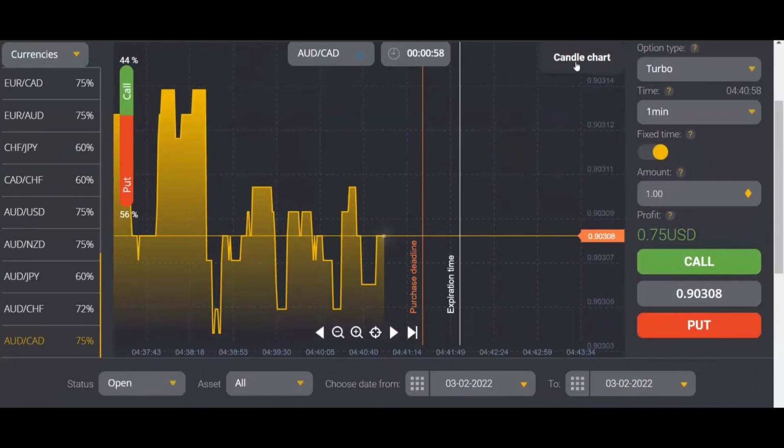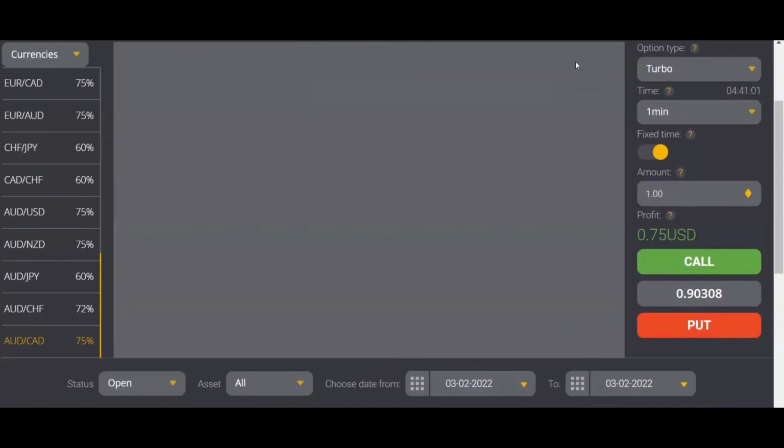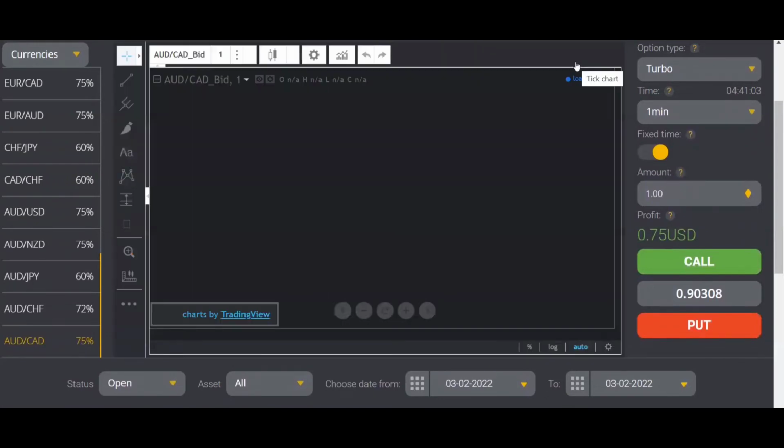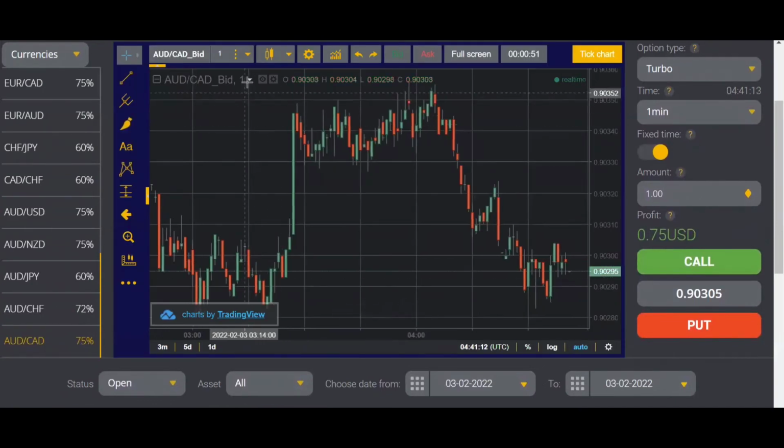So the other option you have is a candle chart. This is based off of, it says TradingView, but personally I have not seen where this provider's coming from.